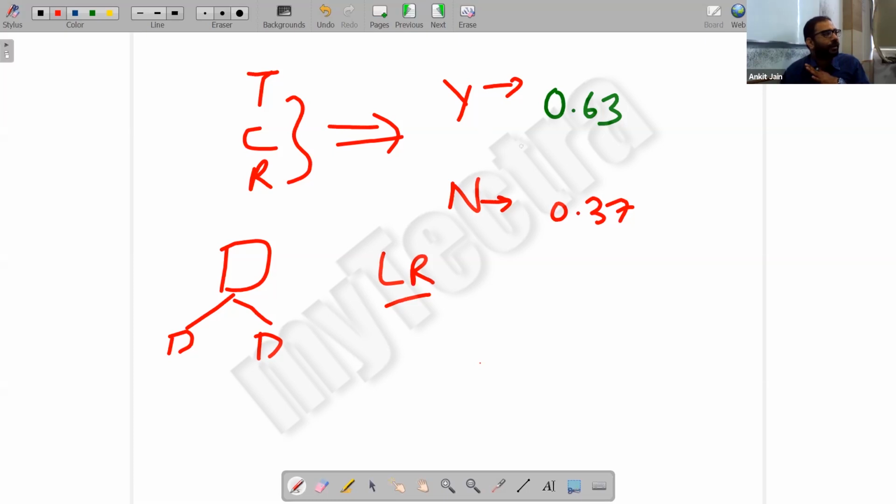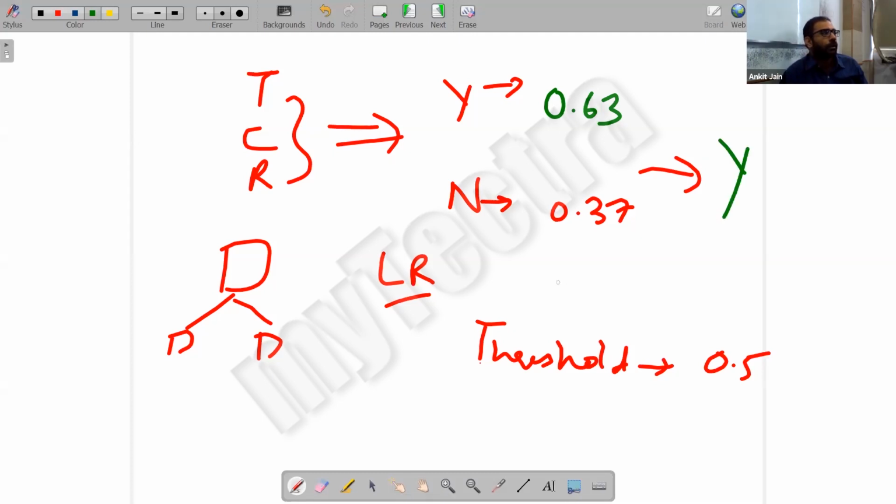Now, if this is giving you probability, we need to keep a threshold. So if I say threshold is 0.5, it means whoever is above 0.5 will win. So here, if the threshold is 0.5, then yes will win, and your model will give you the answer yes.